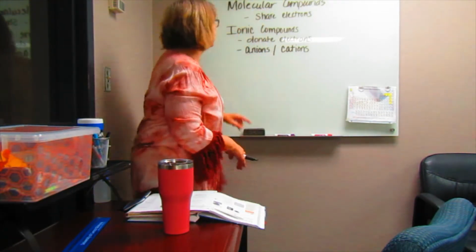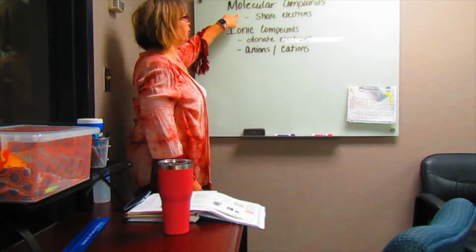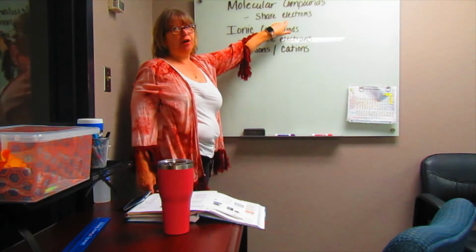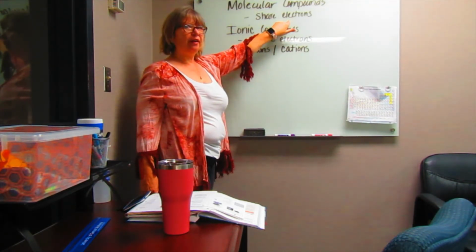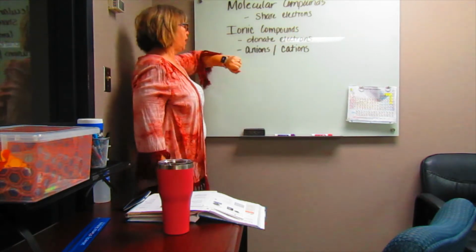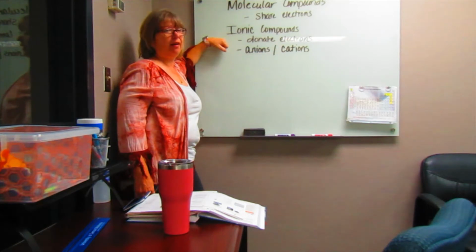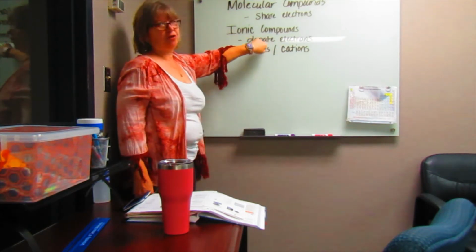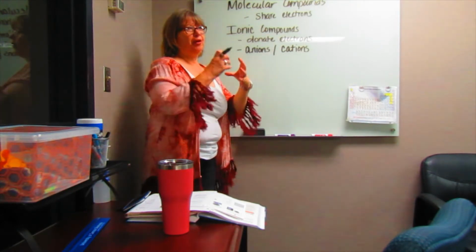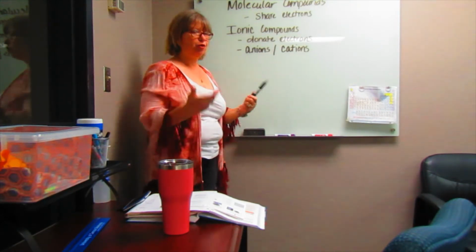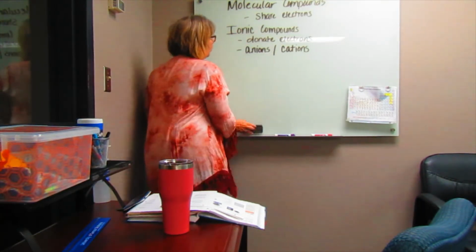In molecular compounds, which are two nonmetals, your elements share electrons. In ionic compounds, the metal, which is your cation, donates electrons to your anion, so that they can form a neutral compound, a neutral charge on the compound.